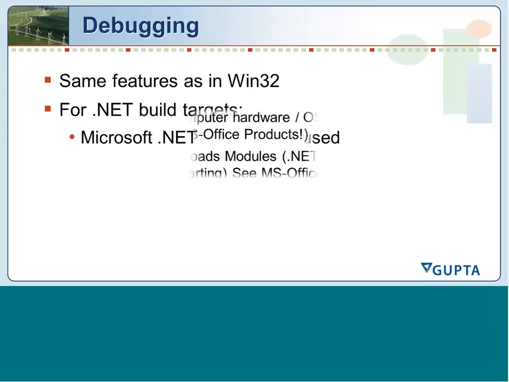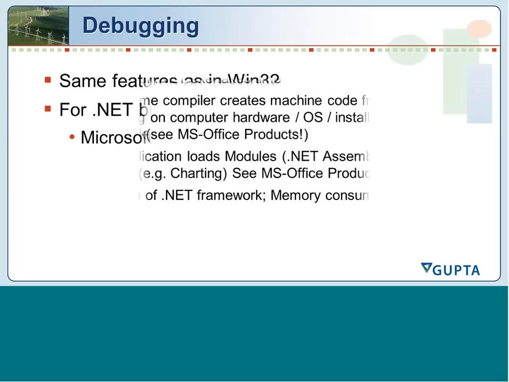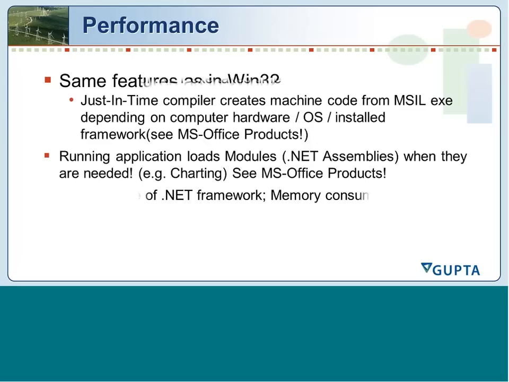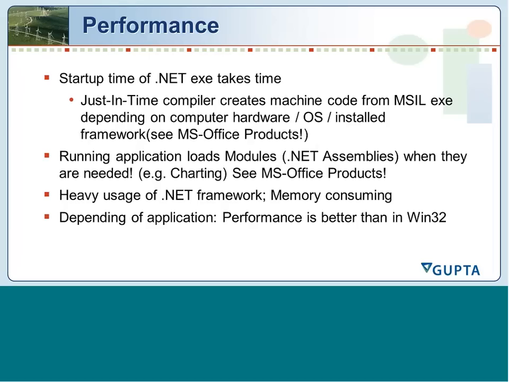The performance of .NET. This is really a little bit dangerous to explain because you will maybe say .NET Team Developer applications are very slow. That's not the truth. The startup time of .NET applications takes time. Why? First of all, it is a just-in-time compiler. The executable itself is not really the end product of the compiler.